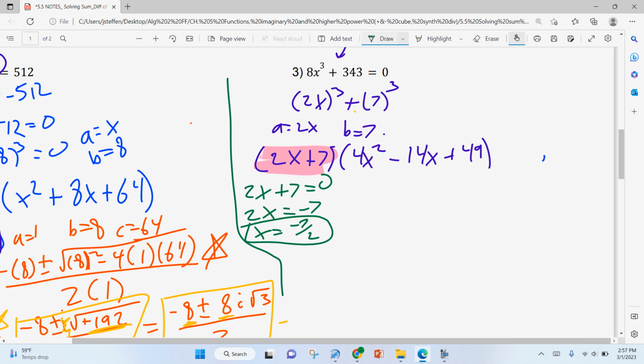Now the other part, just like I did before, I have to use the quadratic formula. So my A for the quadratic formula is 4, my B is -14, my C is 49. Now again, that's different than the A and B I had over here, so don't get confused by that.